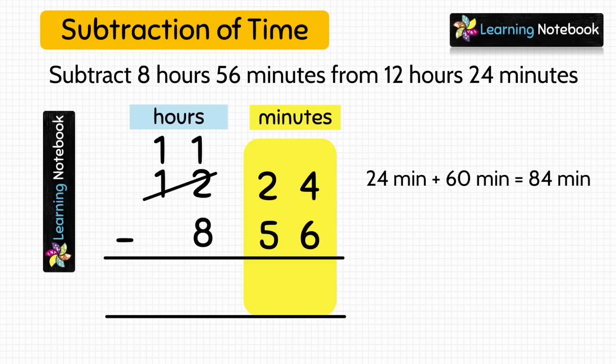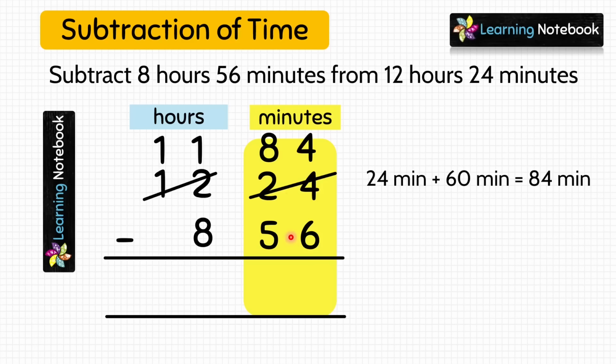Therefore, 24 minutes will become 24 plus 60 minutes, which equals 84 minutes. So after borrowing, 24 minutes have become 84 minutes. And we know 84 is greater than 56.